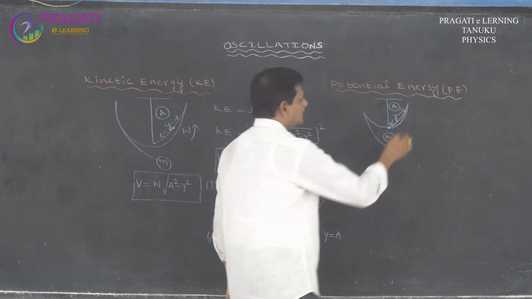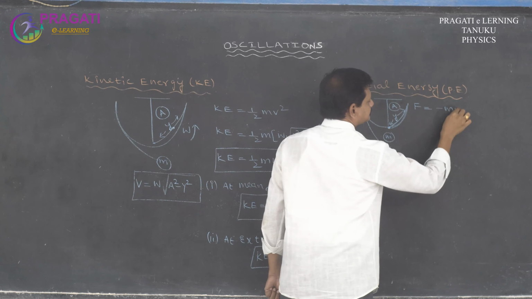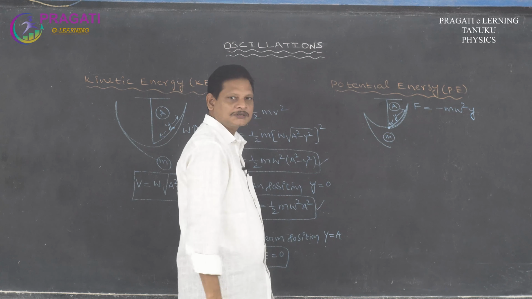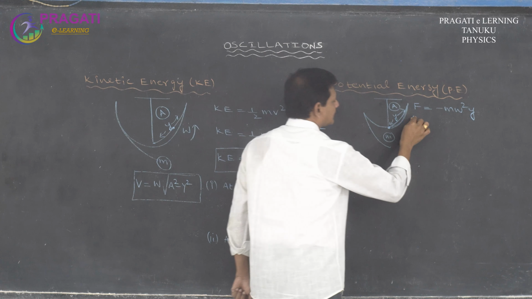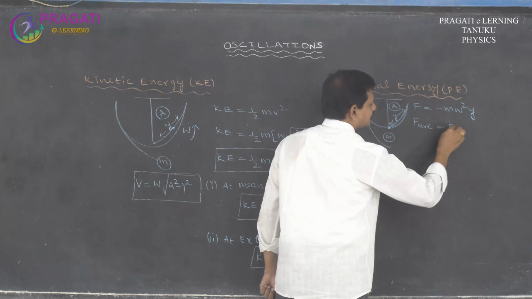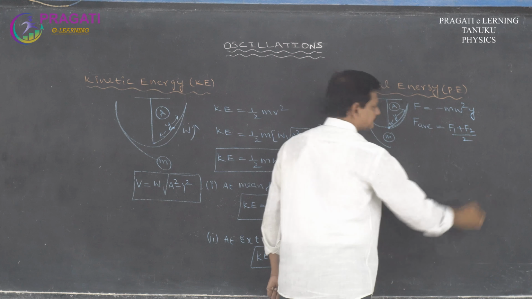Force acting on the particle in SHM F is equal to minus m omega square y. So average force acting on the particle during its oscillation is F1 plus F2 by 2 at any point.